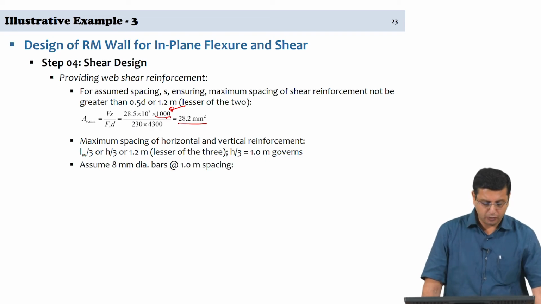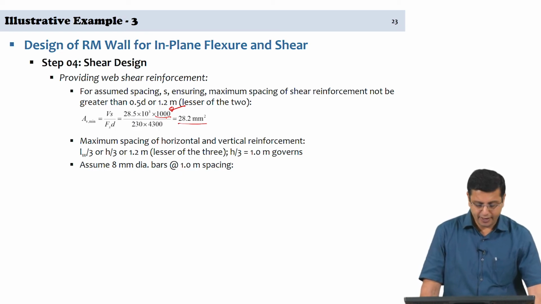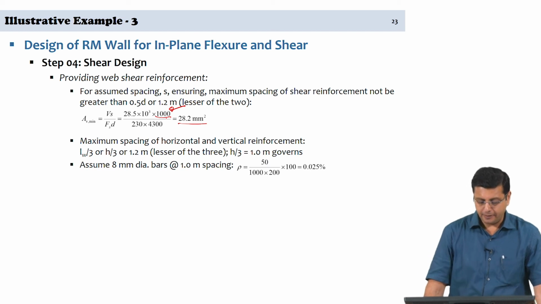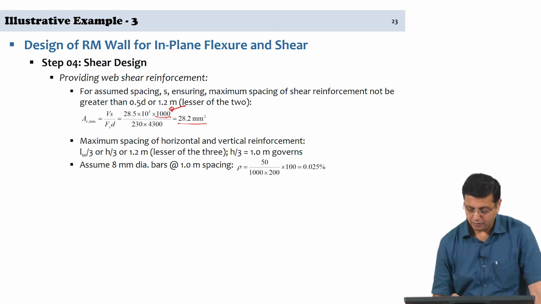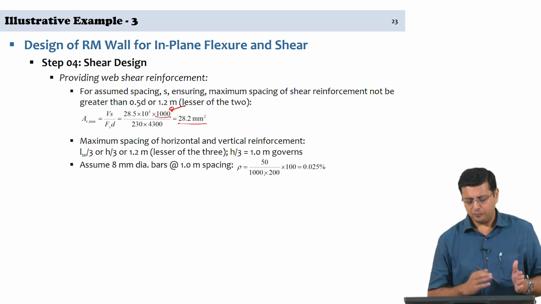Let us assume we are providing 8 mm diameter bars at 1 meter spacing, and if you are providing 8 mm diameter bars at 1 meter spacing, the percentage of steel then becomes 50.26, the area of one 8 mm diameter bar, divided by 1 meter spacing.